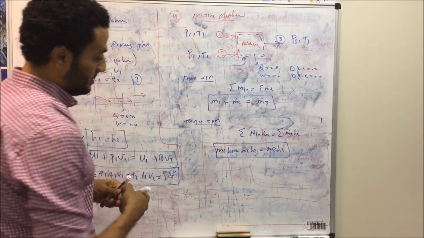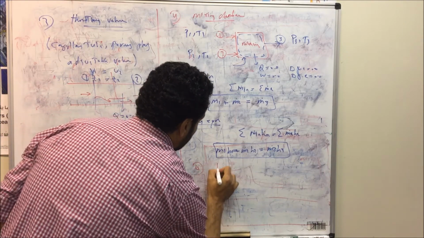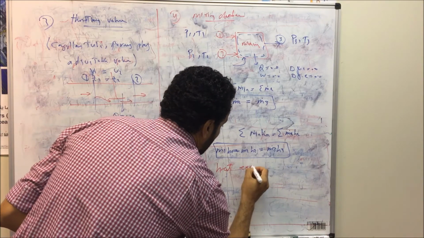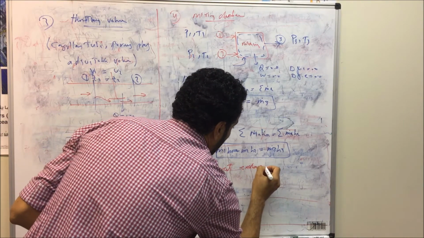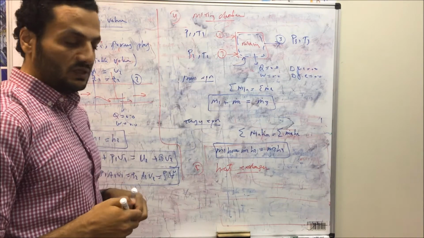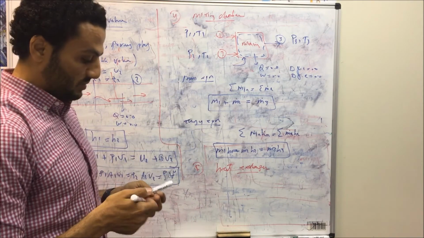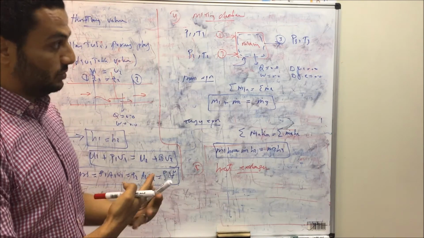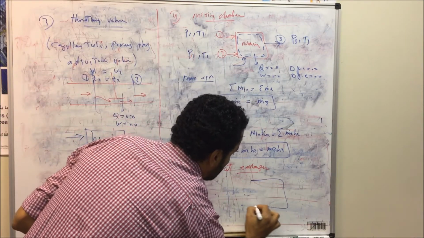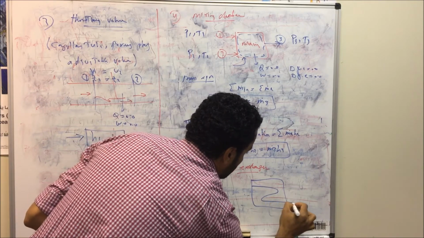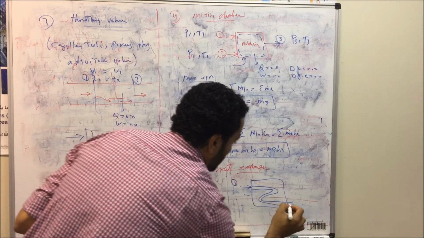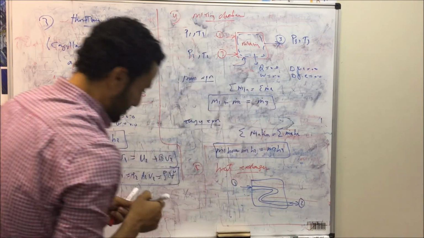A very similar case is when we have a heat exchanger. This is case 5. A heat exchanger can be considered like a mixing chamber, but actually the fluids are not mixed. We have heat transfer between the hot and the cold fluid, but we don't have mixing. So in this case, let's say we have hot fluid coming through inside this pipe, coming at point 1 and leaving at point 2.